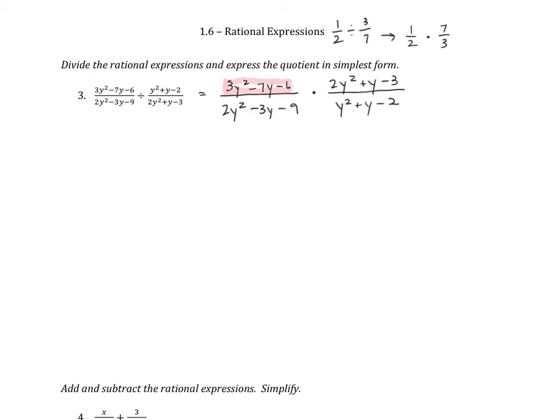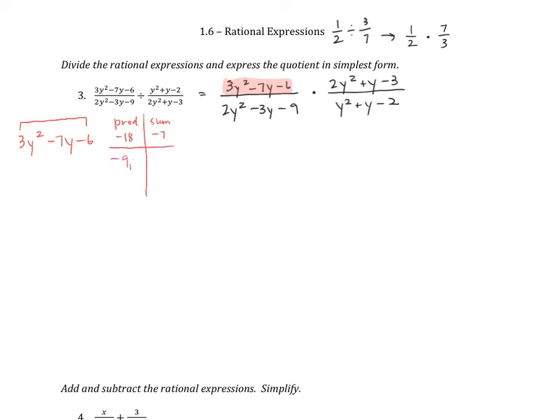This first one is 3 terms, and there's a number in front of the y squared, so we need to do some side work. So we've got 3y squared minus 7y minus 6. And I think I mentioned the factoring is what takes the longest in this section. So product is negative 18 and the sum is negative 7.